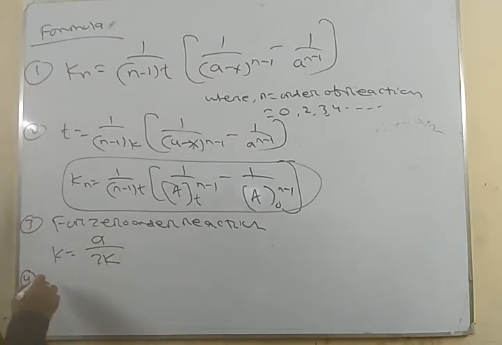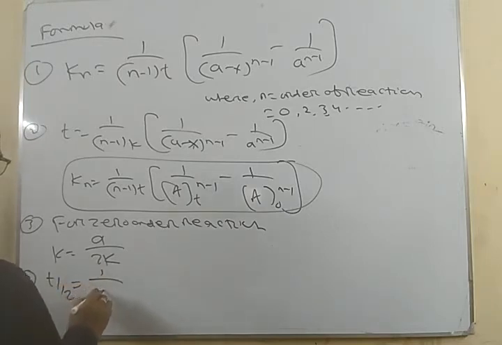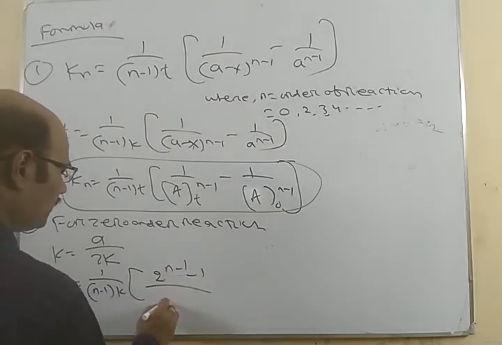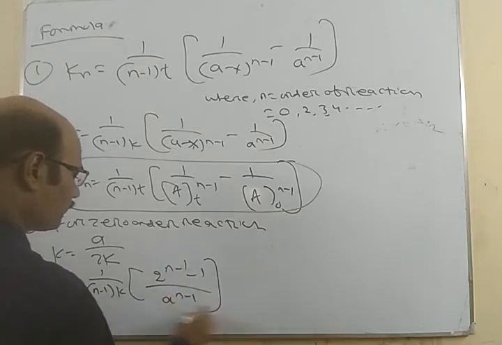Similarly, T half is equal to 1 by n minus 1 k into 2 power n minus 1 minus 1 by a power n minus 1.